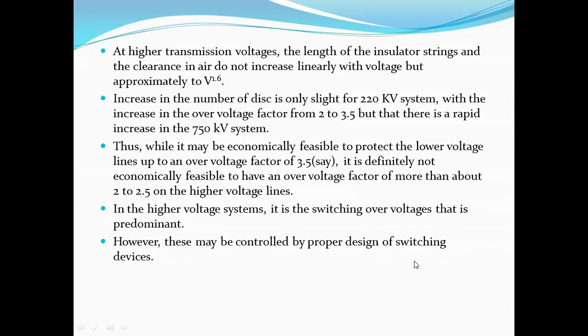So the increase in number of discs is only slight for a 220 kV system, with the increase in the over voltage factor from 2 to 3.5, right?